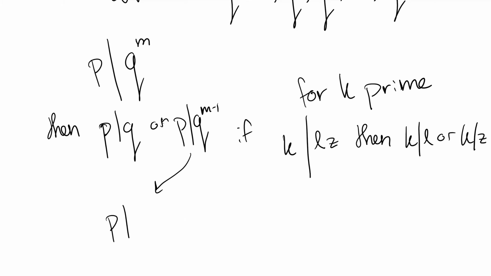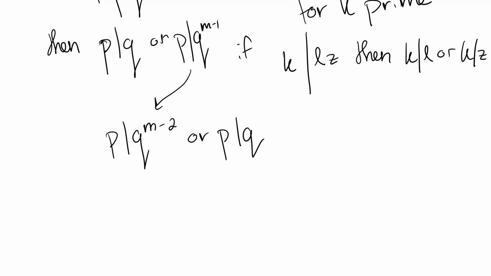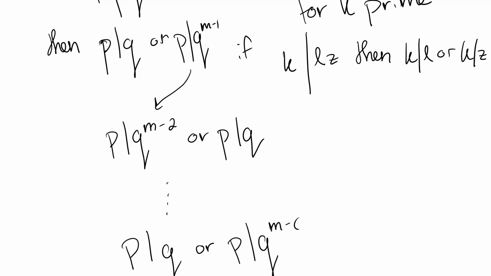Okay, well, now by induction, P divides Q to the M minus 2 or P divides Q, and we keep whittling this down until we have P divides Q or P divides Q to the M minus 1.